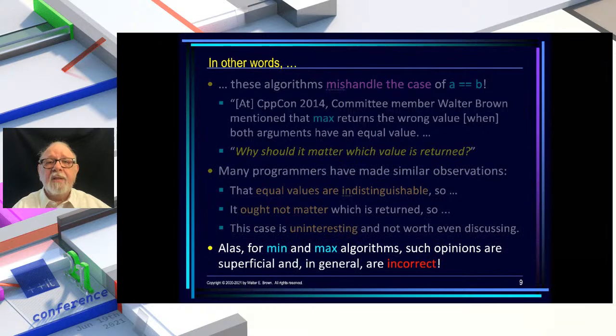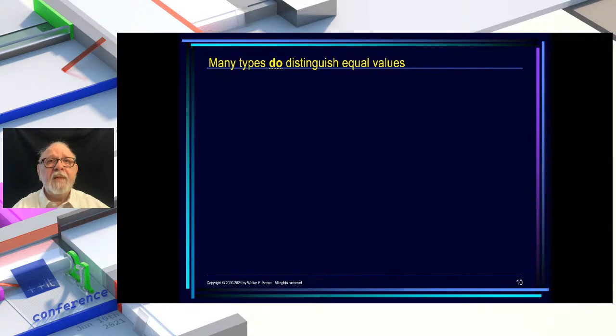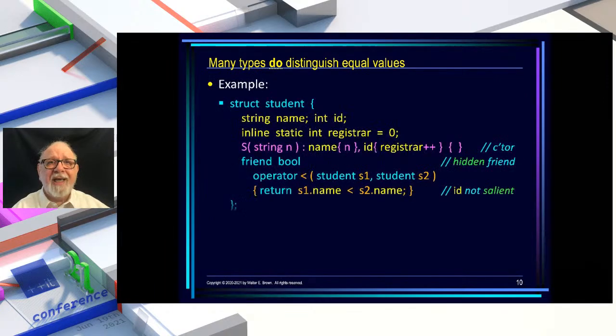However, it is my opinion that for min and max and related algorithms, these are superficial opinions and I believe are incorrect. And I believe Stepanov will agree. That's because there are many types where even equal values are distinguishable. Let me show you a very small example.